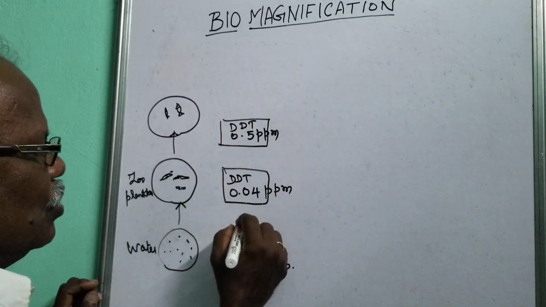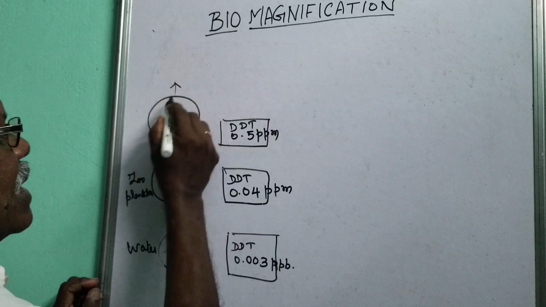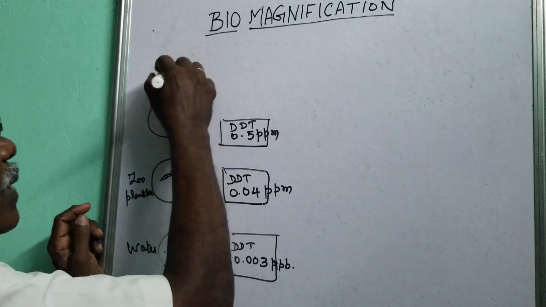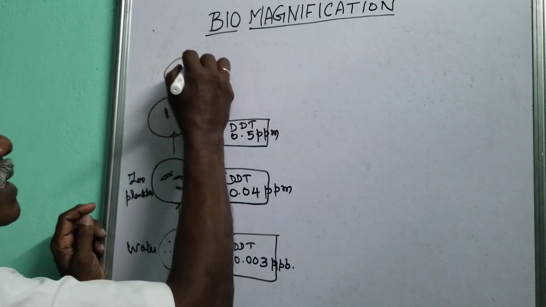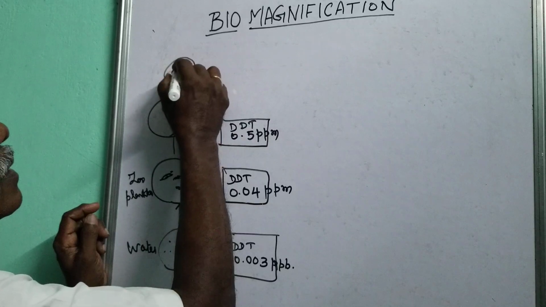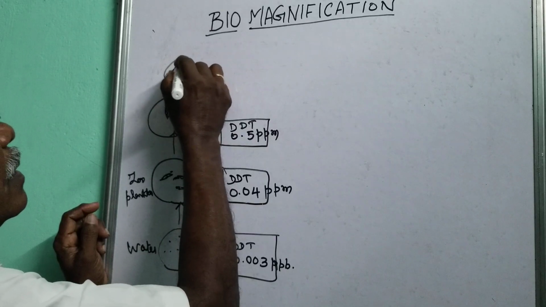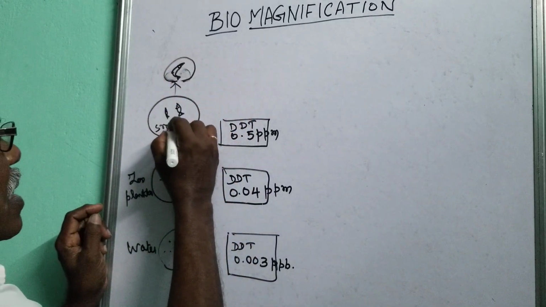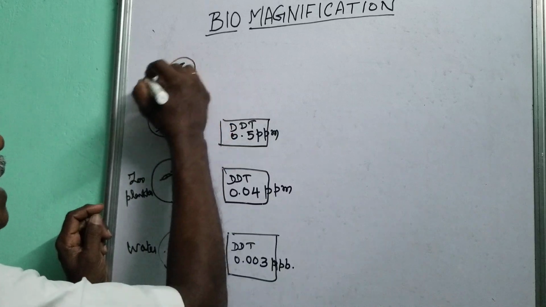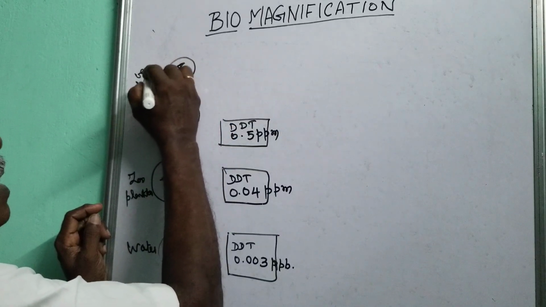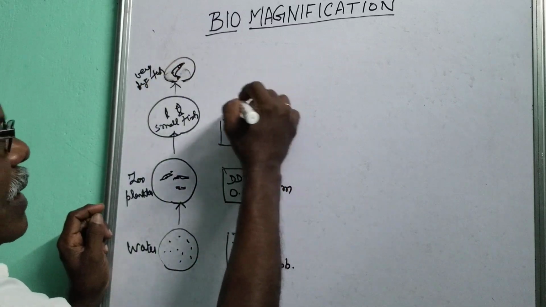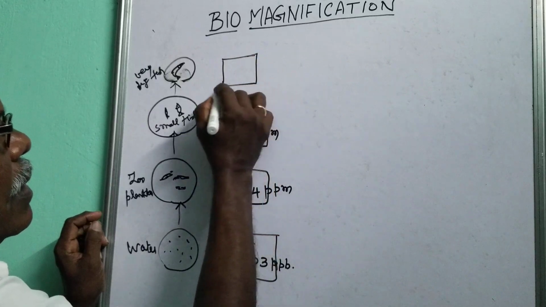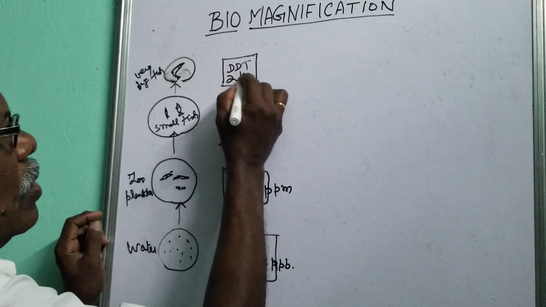Then the next trophic level: the small fishes are taken by very big fishes. The DDT concentration is 2 parts per million.